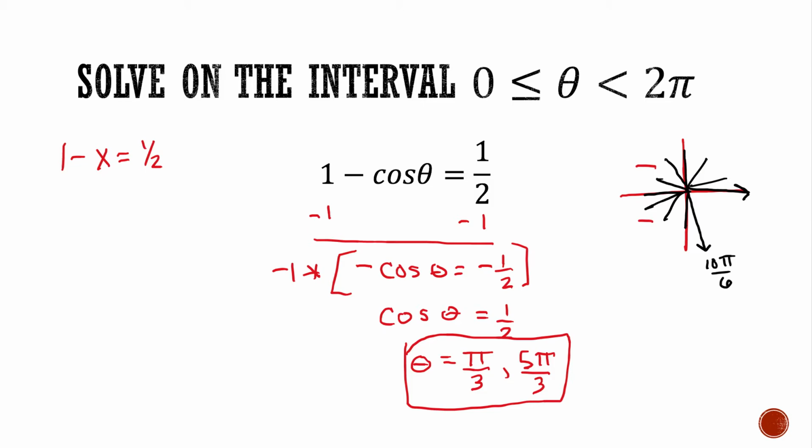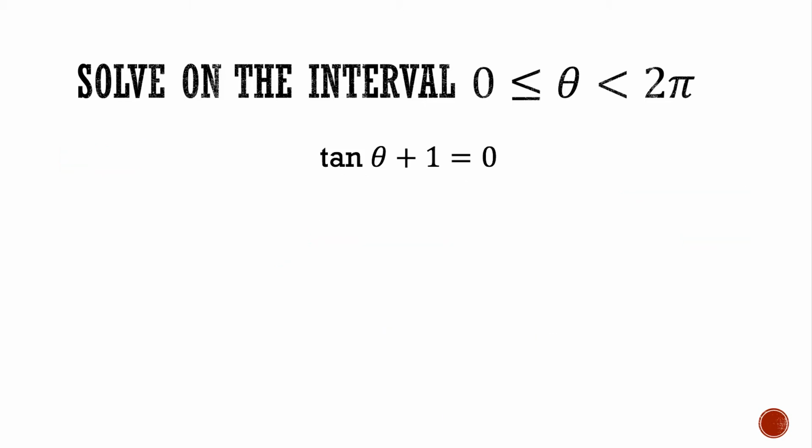We're going to look at just a few examples so that you're sure that you have this down before we stop with this. Okay, so our next one says solve tangent theta plus 1 is equal to 0. So again, isolating your variable, your tangent, would require that we just subtract the 1. So that part's fairly easy.